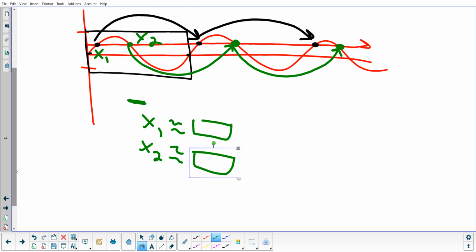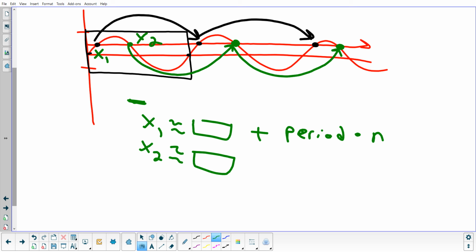But then what you want to put on the end of it is plus the period times n. That means you can add any multiple of the period to the answer you found, and you'll get an answer in a different cycle.